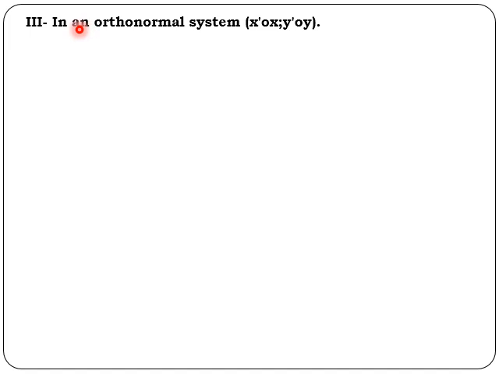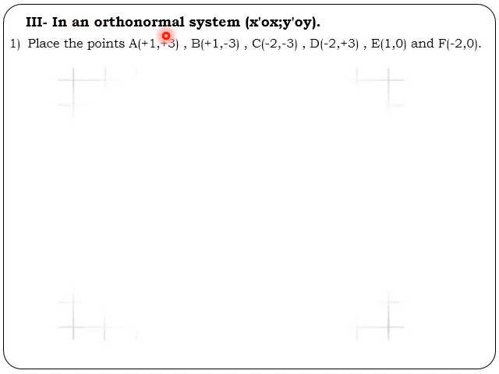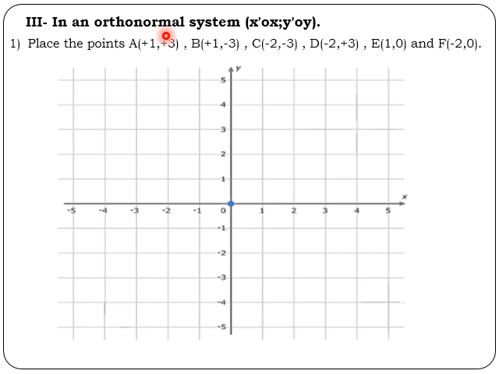Now number 3, in an orthonormal system x'x and y'y, I have to plot the given points. Point A: its abscissa is 1 and its ordinate is plus 3. Abscissa is 1, its position on the x-axis, and the ordinate is 3, so y is 3.